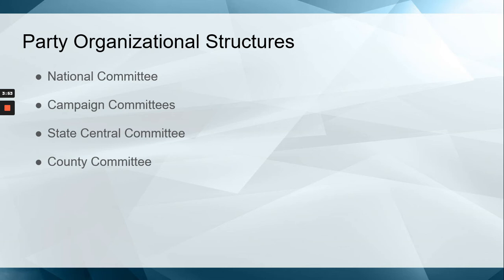You then have county committees. So there's a Democratic Cleveland County Committee. There's a Cleveland County Republican Party. And they will recruit local, they will support local candidates for local office, their state office, your school board if it's non-partisan, or if it's a partisan election, or your city council, your counties.